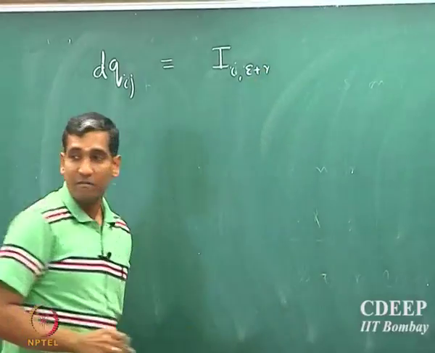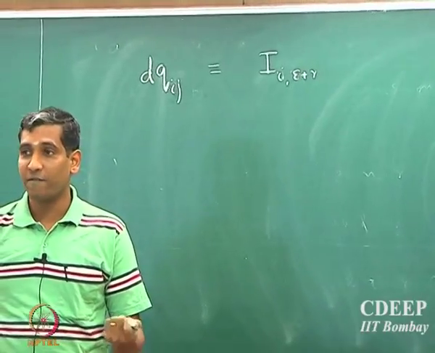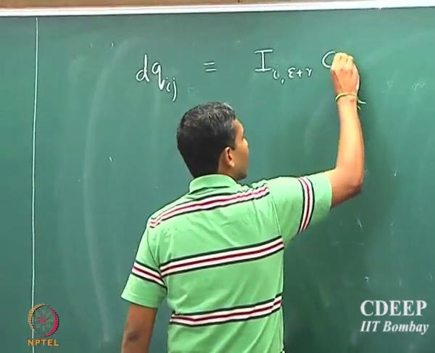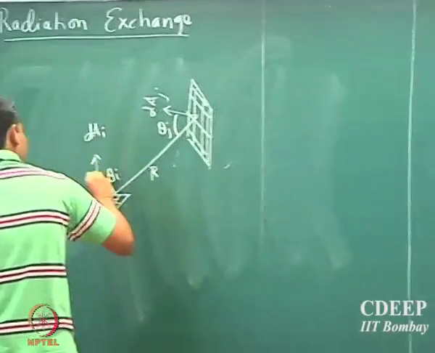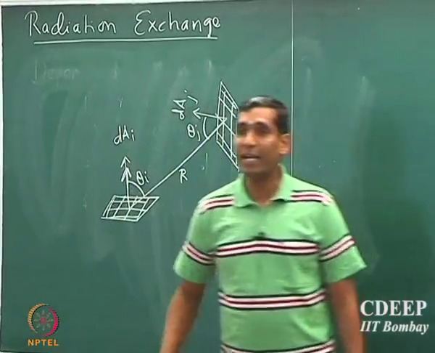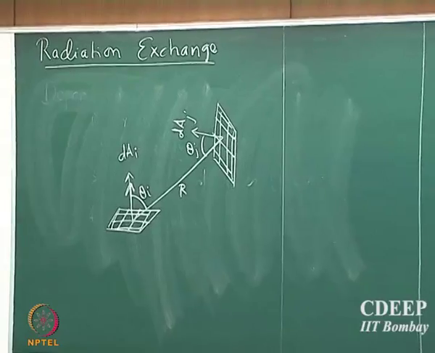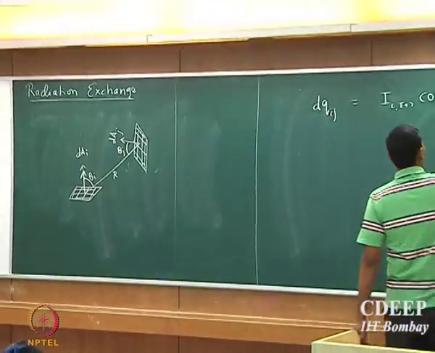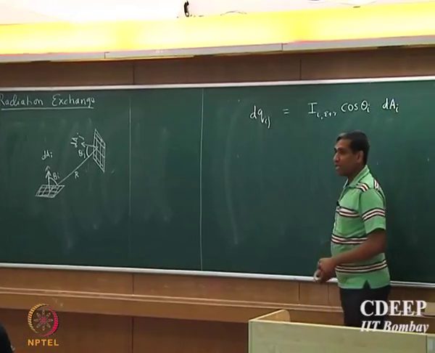Note that when we deal with radiation exchange, we need to look at both reflection plus emission together, multiplied by cos theta i. If the radiation intensity vector is pointing in the outward perpendicular direction, I times cos theta will be the intensity in the direction towards the second object, and that multiplied by dAi will give you the rate.